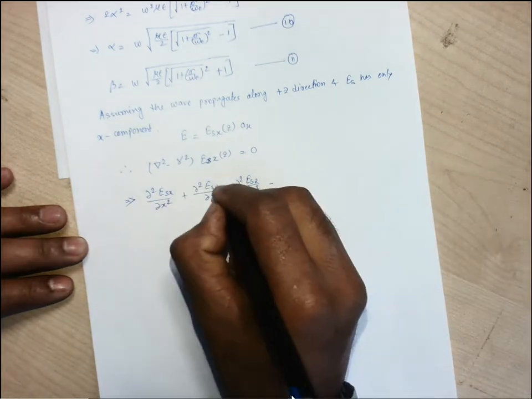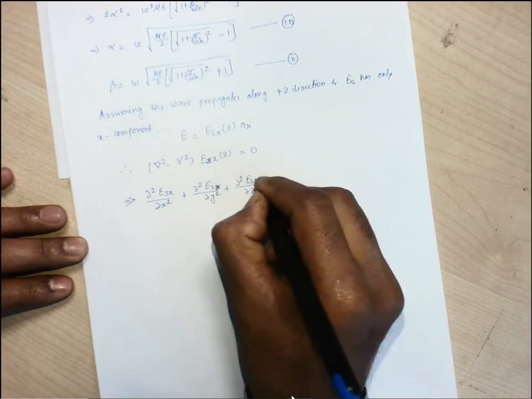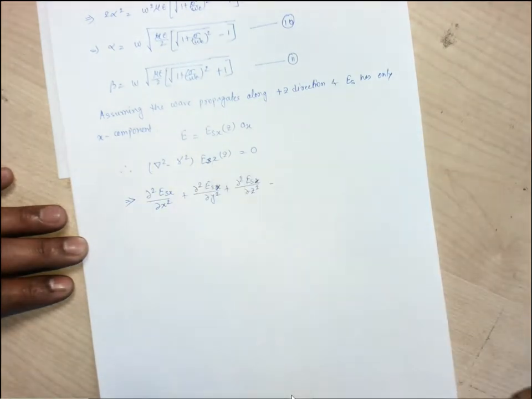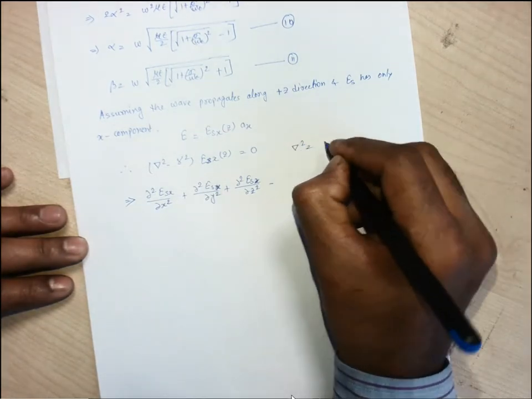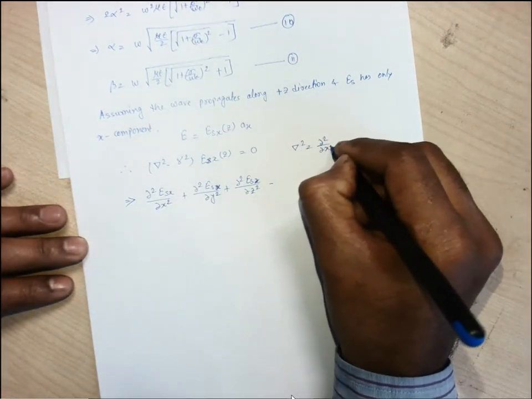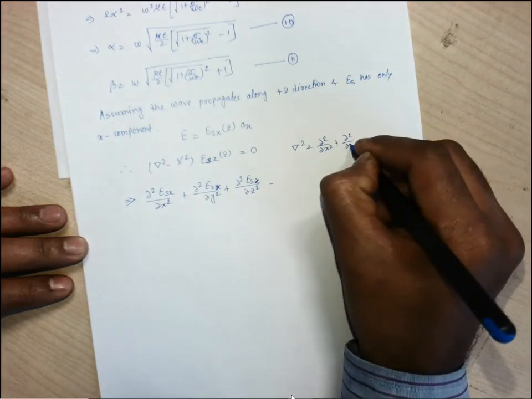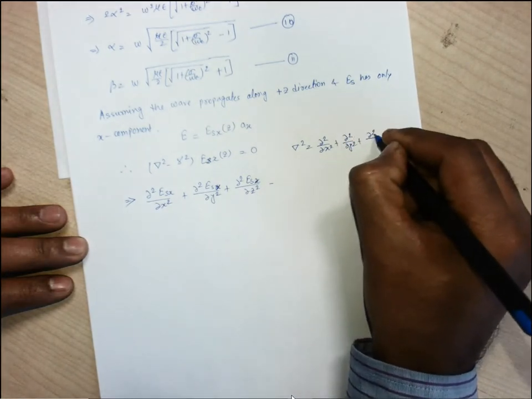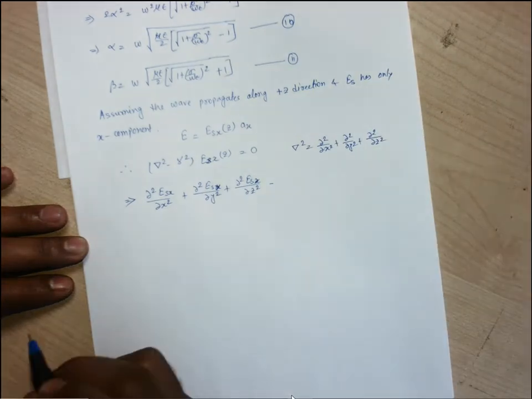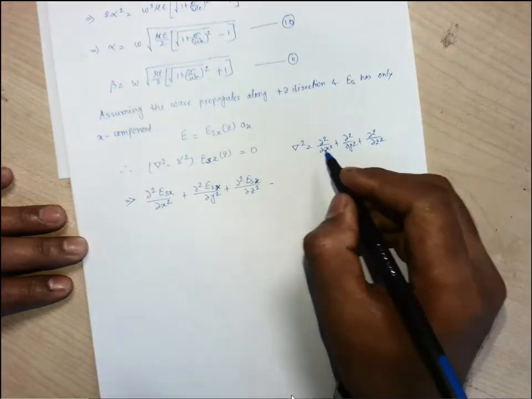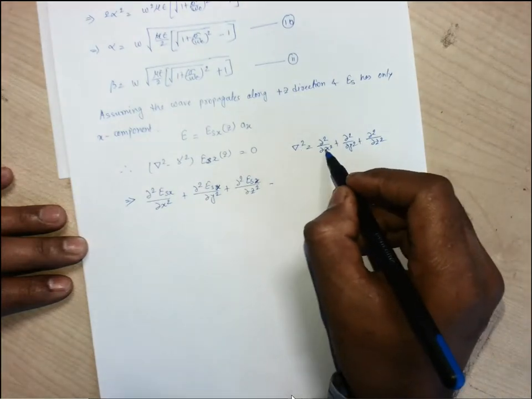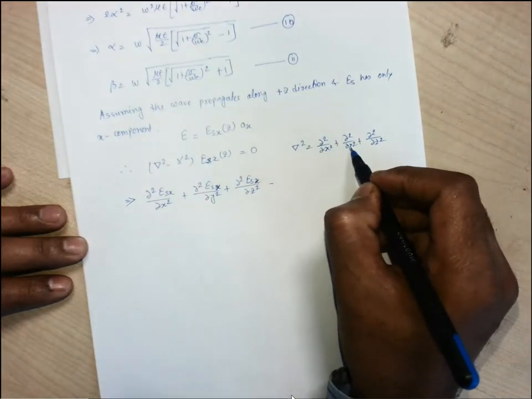sorry, both of them will be x. The variation is with respect to, because I am just writing about this x, this del square is equals to this thing plus, so if we are having this x component, that will be having everywhere. So what does it mean? Del square represents the variation along x, variation along y, variation along z.